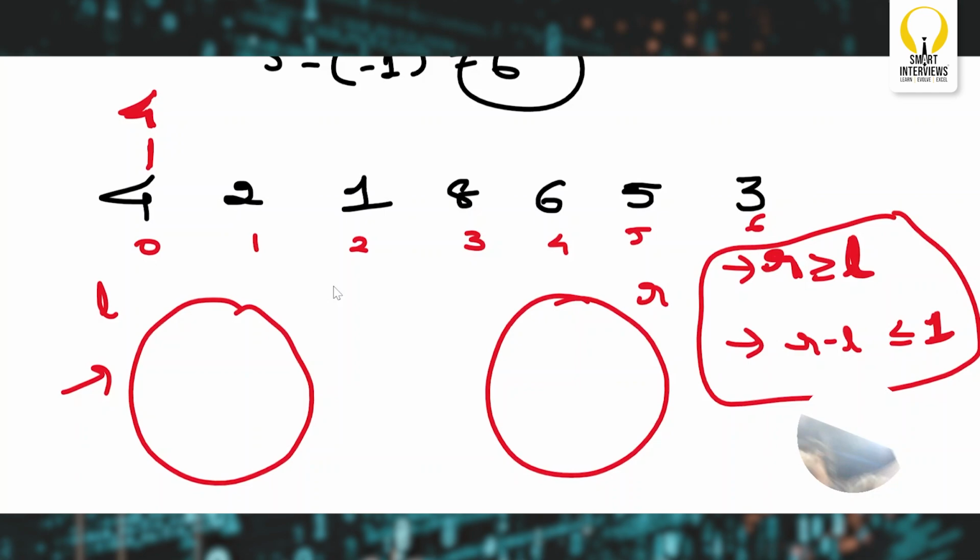I'll try to maintain this rule when I'm traversing this array, and whenever I'm reaching an odd index, I'll have my answer. I'll store that answer and move forward. Let's see how.